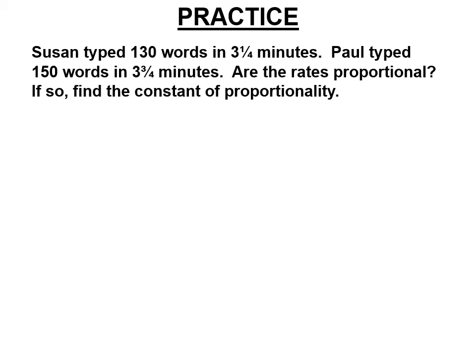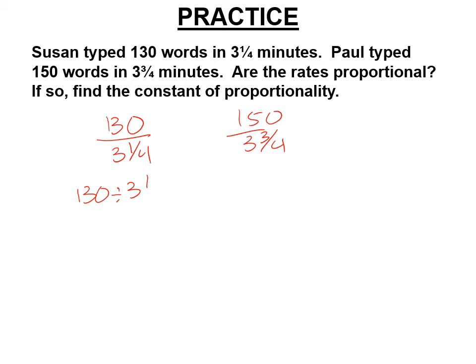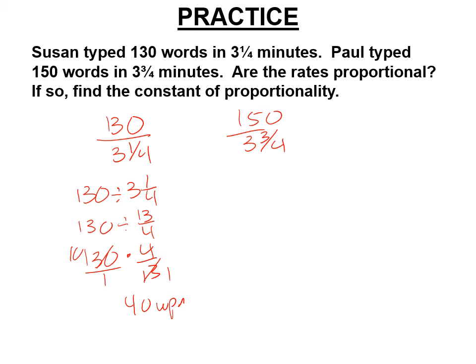Okay, so Susan did 130 divided by 3 1/4. Paul did 150 divided by 3 3/4, and we're seeing if those are equal. So 130 divided by 3 1/4 is 130 divided by 13/4, which is 130 times 4/13. That becomes 10, and this is 40 words per minute for Susan.